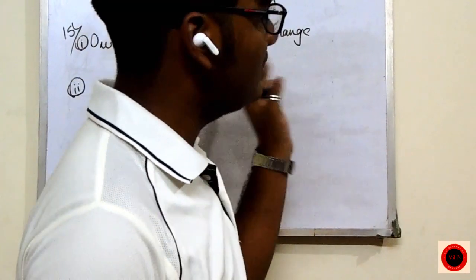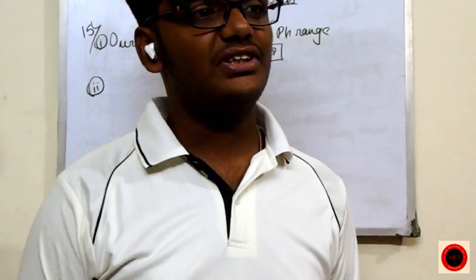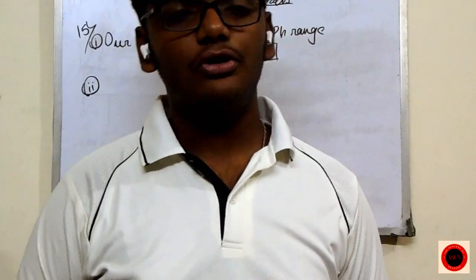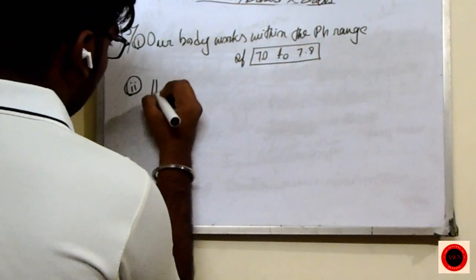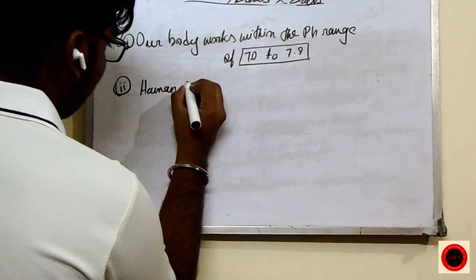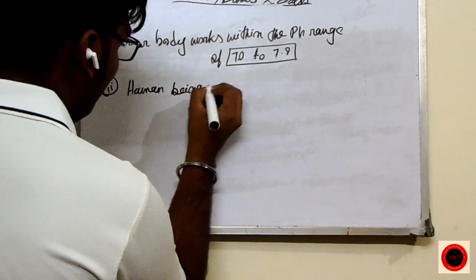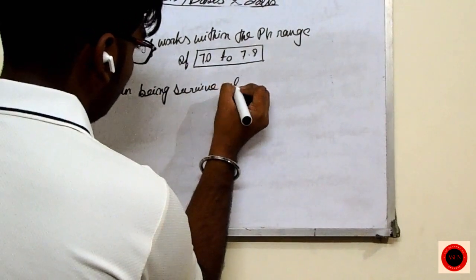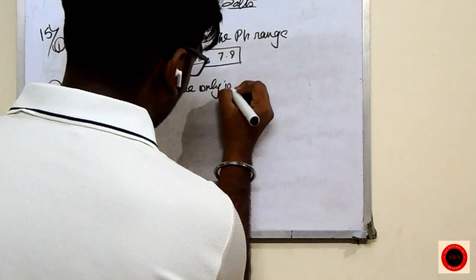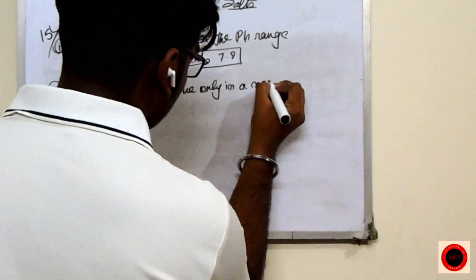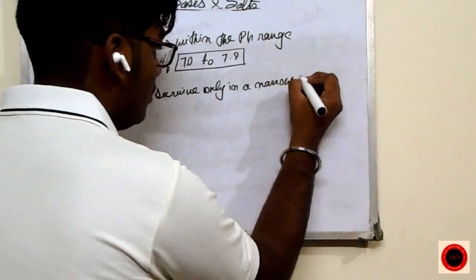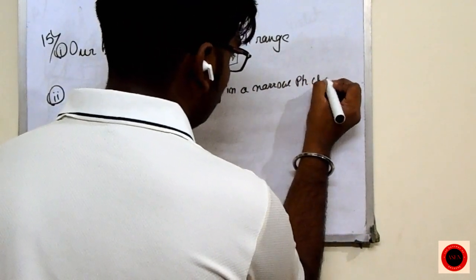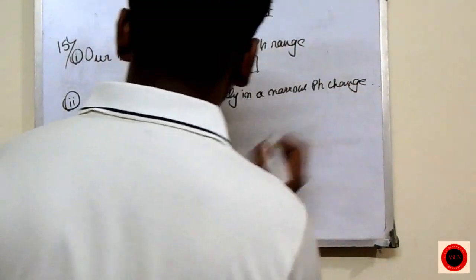Or in the same case, on the basic side also, if it changes into a very basic range, it will not be possible for a human being to survive. Okay, human beings survive only in a narrow pH change.